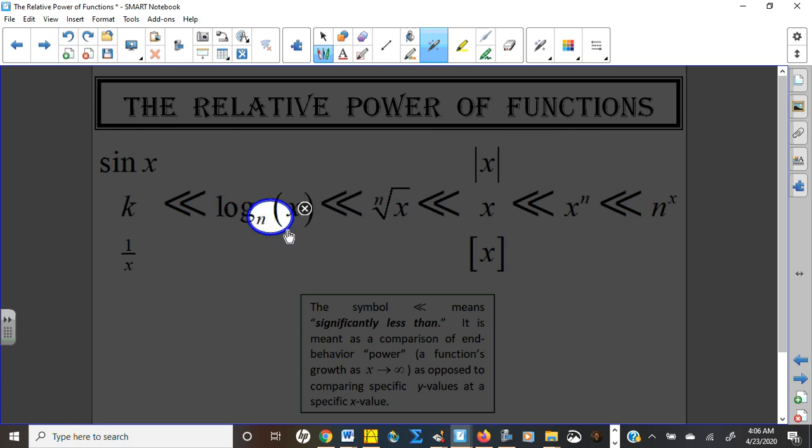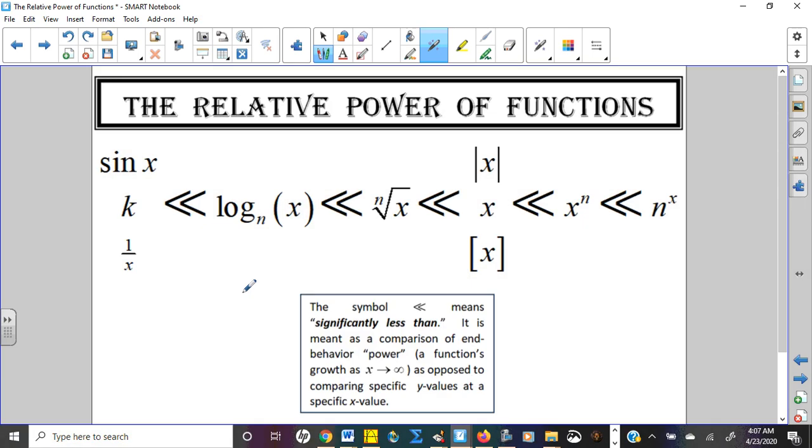Then we did some trig functions. I included one in here. Then we did, I think, absolute value functions, and greatest integer functions. We did the logistic function, which I didn't really include, but it would actually be down here in the same category as the sine function if we did compare the logistic function. So most of them are included in here.